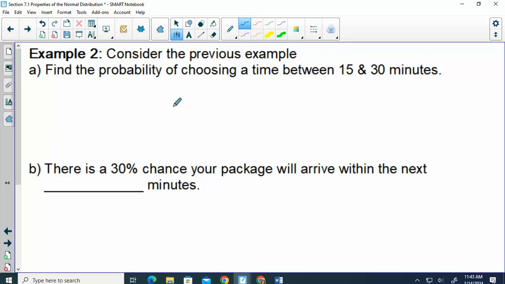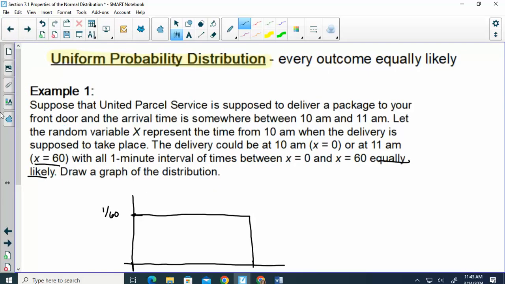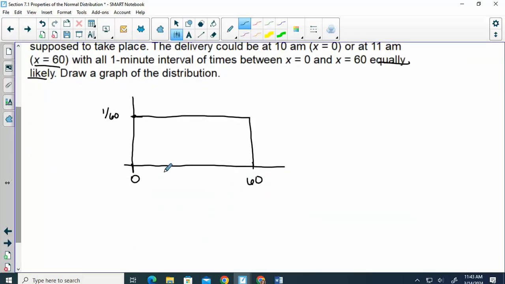All right, so from this, find the probability of choosing a time between 15 and 30 minutes. So how far is it between 15 and 30? 15 minutes. Okay, and we're really just finding like the area of this. Now here's 30. You are between 15 and 30. You're somewhere in here, so it's really just finding this area.